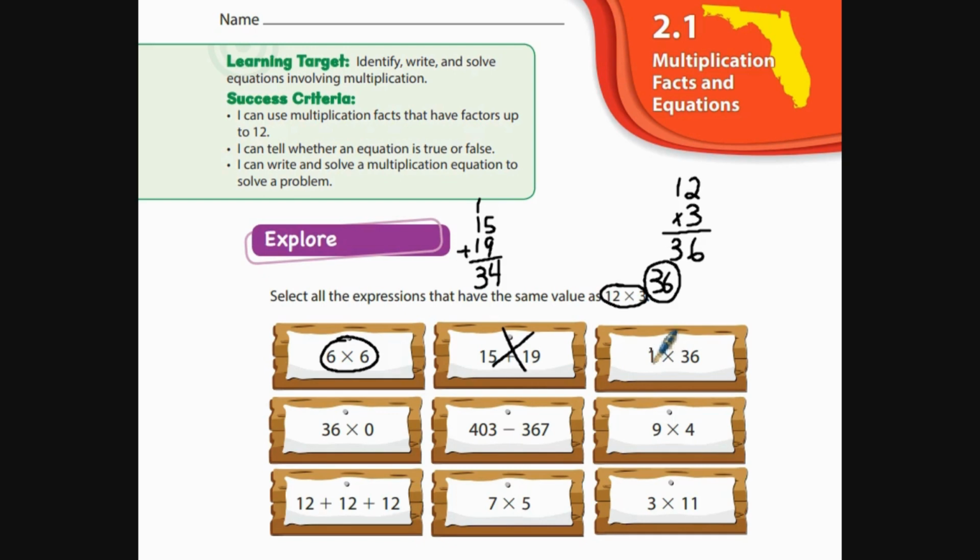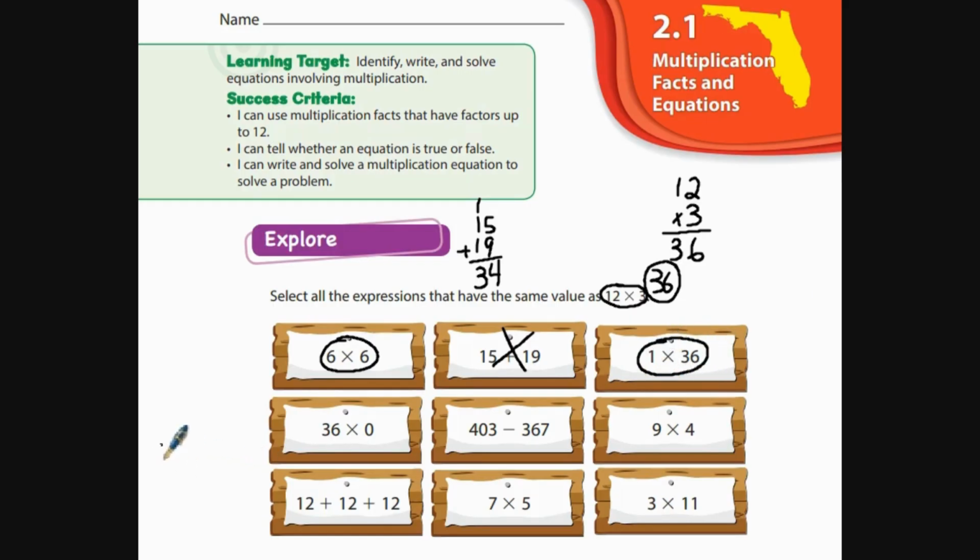Now, we also know the identity property of multiplication, which means that any number times 1 is that same exact number.